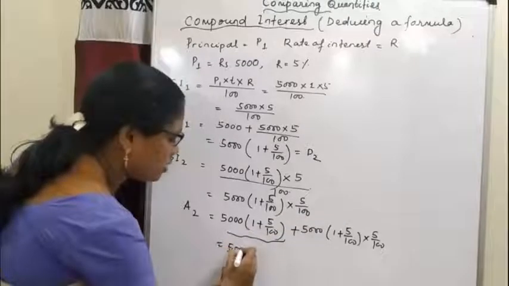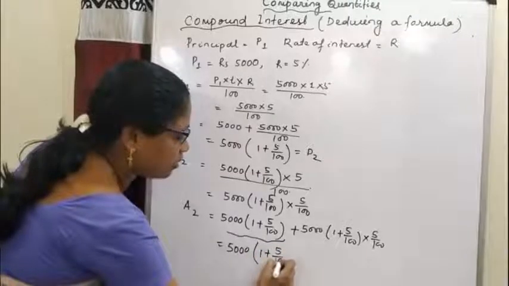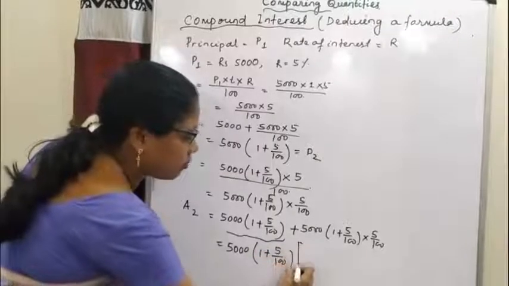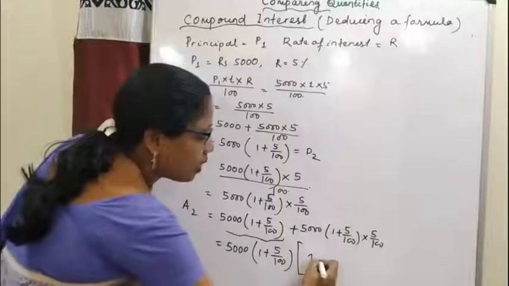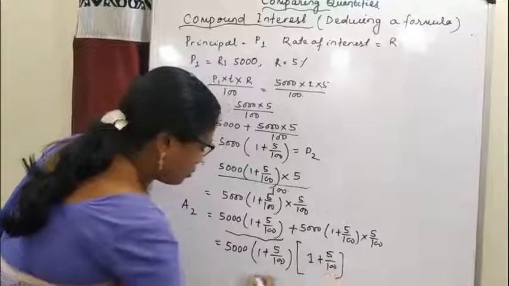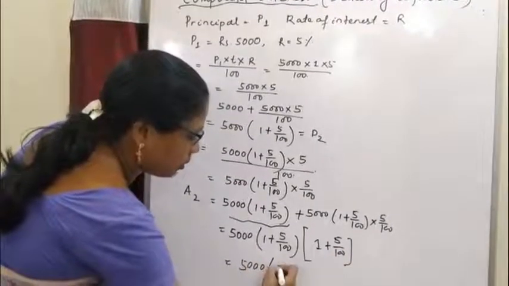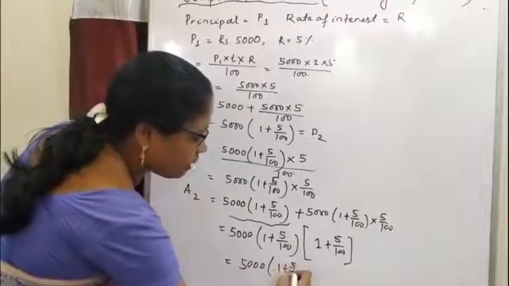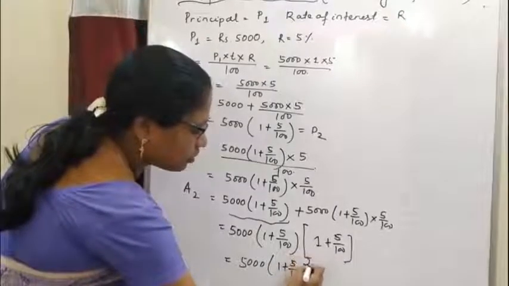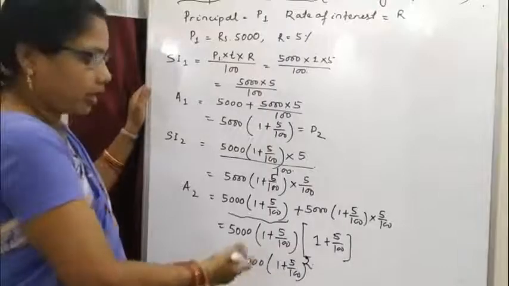So, 5,000 multiplied with 1 plus 5 by 100, multiplied with 1 plus 5 by 100. So, this is equal to 5,000 multiplied with 1 plus 5 by 100 raised to the power 2. For the second year, this is the amount.